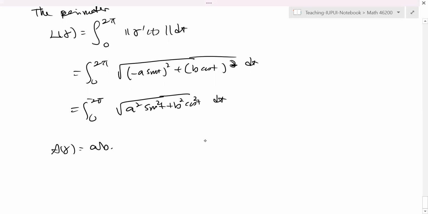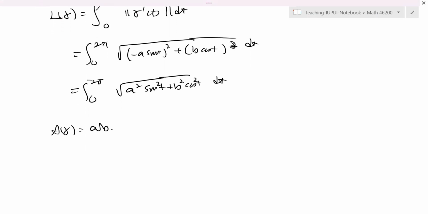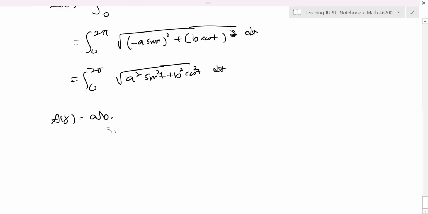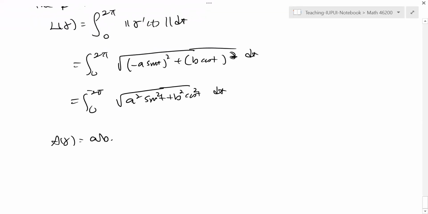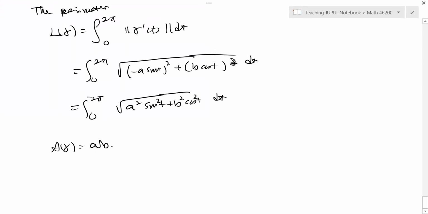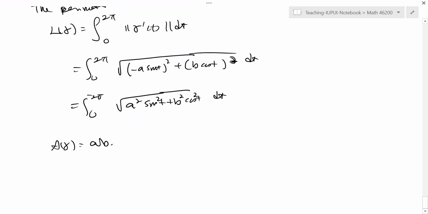So if the area is fixed, okay, if the region has a fixed area, we want to look at a comparison.